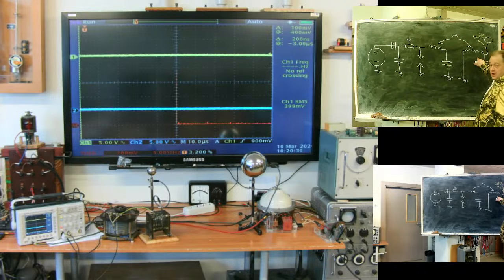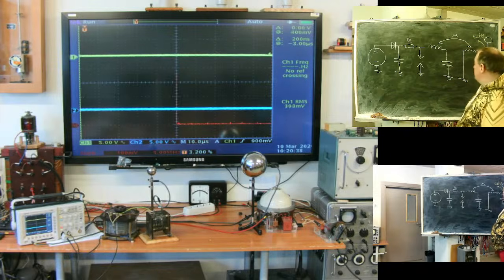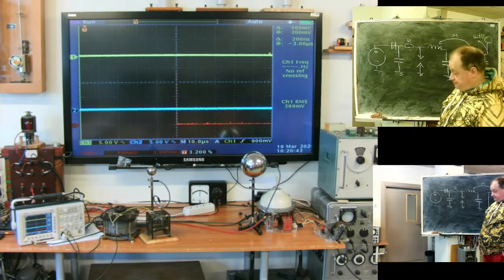Since it is coupled with the secondary contour, oscillations are also induced here, and they are quite high voltage.